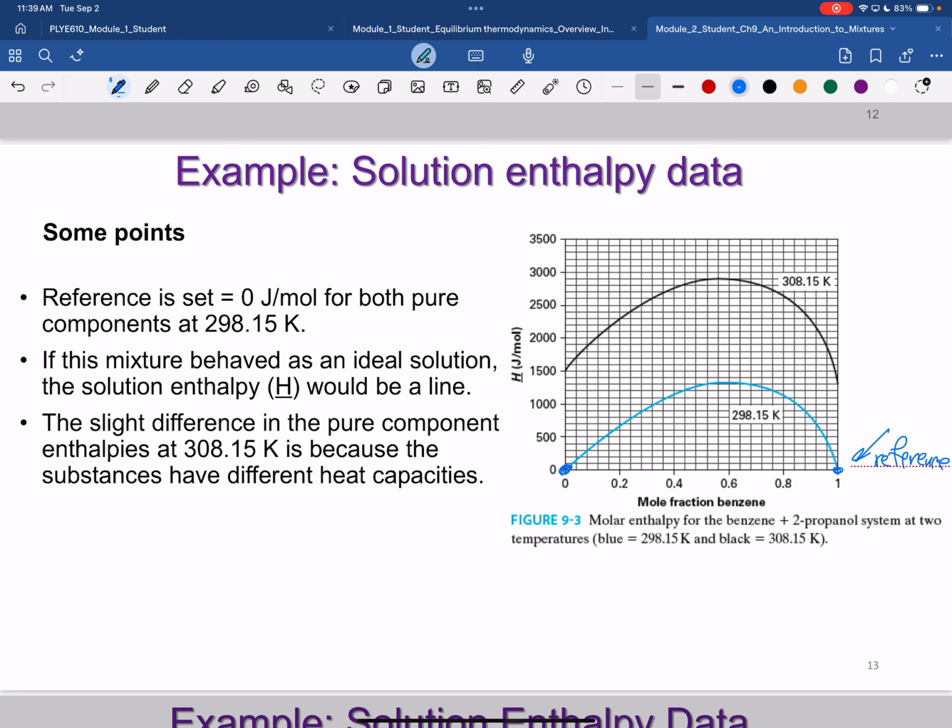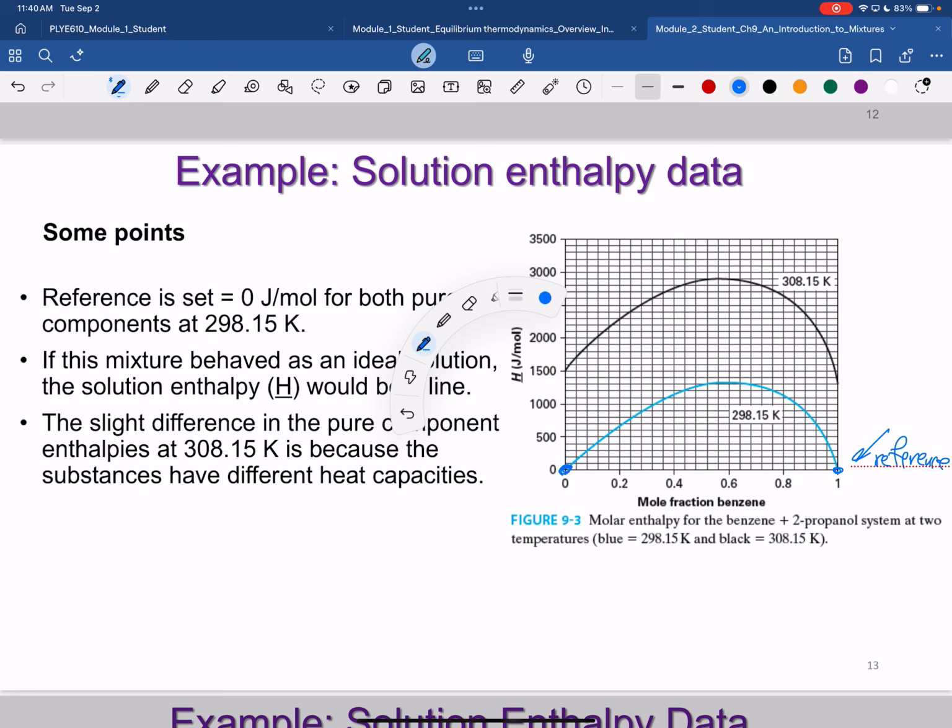Always when you are calculating enthalpy, you are calculating with respect to one reference temperature, right? Just remember for pure component, you had a T2 minus T1, and T1 was your reference point. Always the reference point is set at 298 room temperature. That's the convention used. So that's why that blue curve at both borders is always at 0.